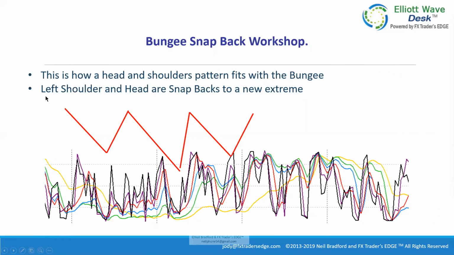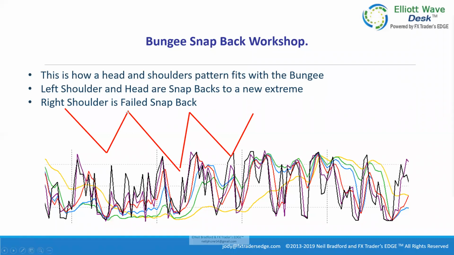So left shoulder and the head are snapbacks to a new extreme. And the right shoulder is a failed snapback. Now that failed snapback, when it turns back up, might give you an early entry into your head and shoulders, if you think about it.